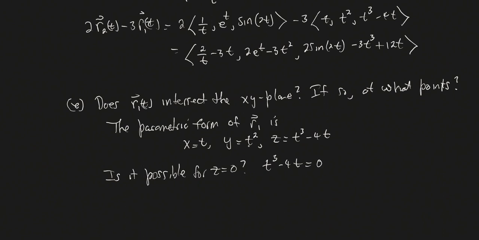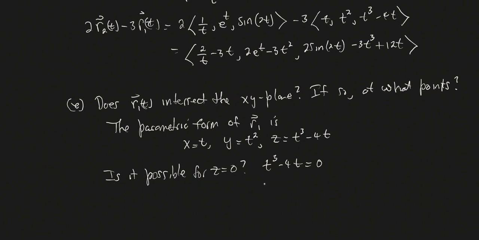Now remember, the domain that we got for R1 was all real values of t. So we're going to see if there are any values of t that will make the z component equal to 0.